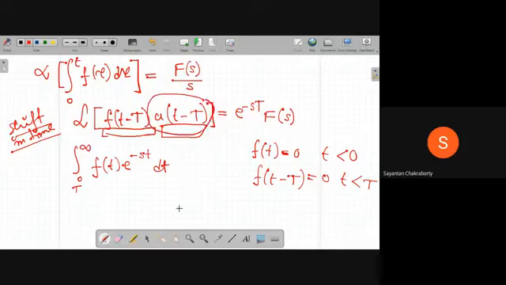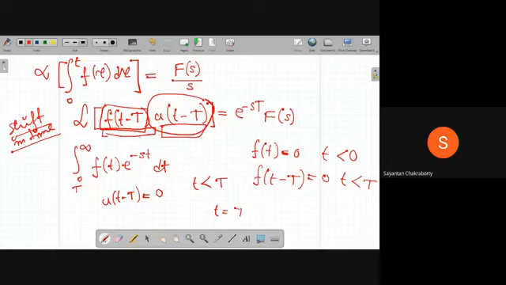This u(t) is a unit step function which has a value 0 for t less than capital T. So this will ensure that this integration takes place only considering the function f(t minus capital T). That is, it starts from t equal to capital T.